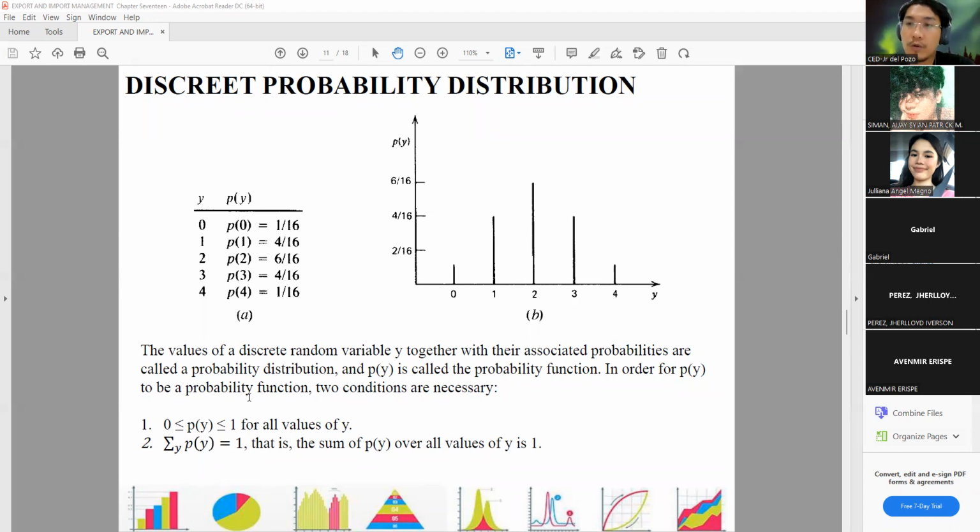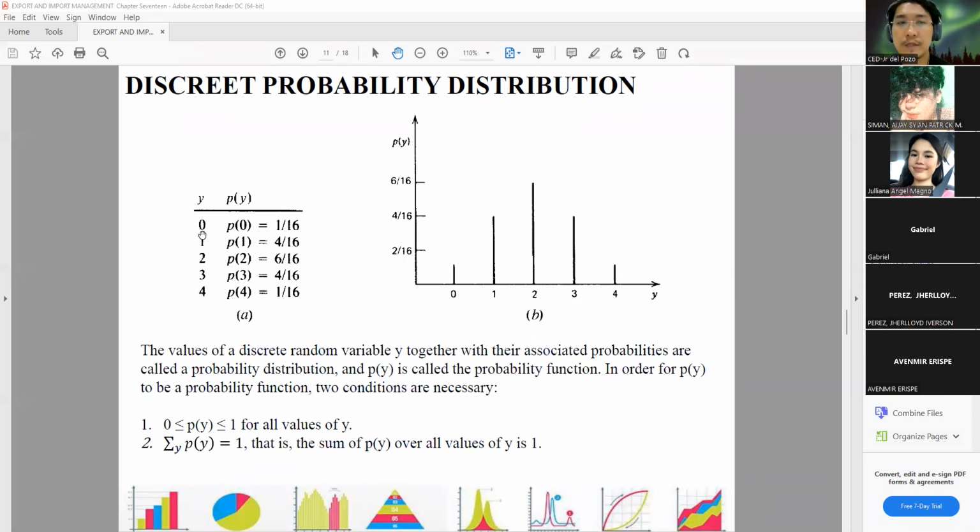Kasi nga, probability to, so ibig sabihin, yung chances of success natin will be from no chances at all to 100% chance. Okay? Kaya 0 to 1. And then number 2, that the sum of all the probability function is equal to 1. When you try to add all of the values, dapat equal to 1.